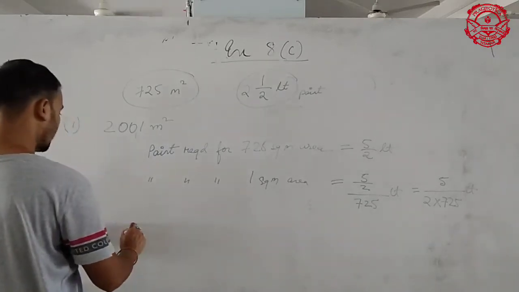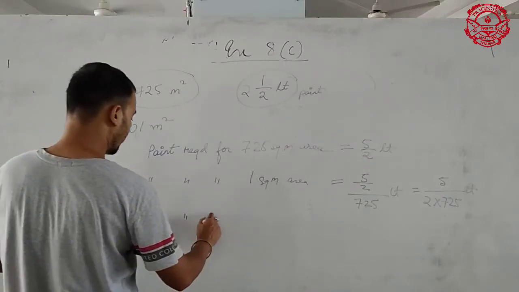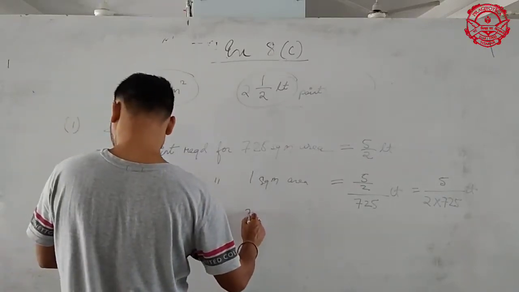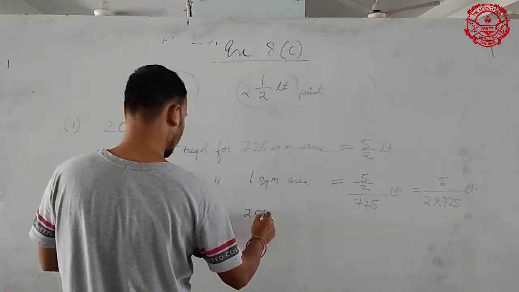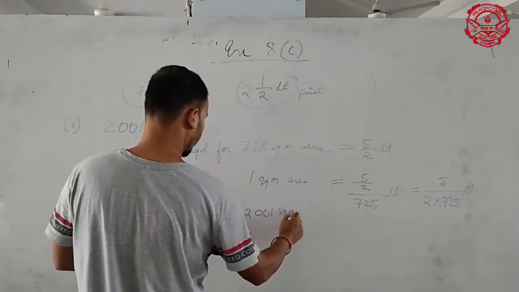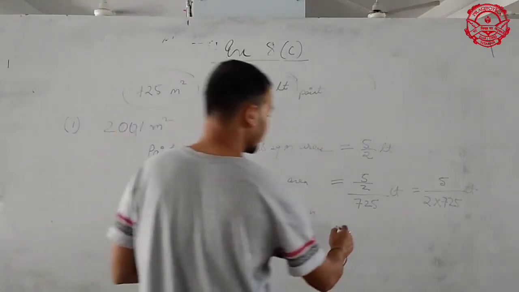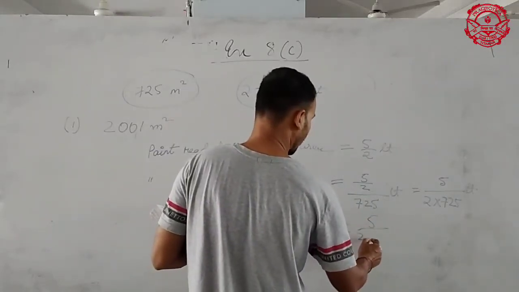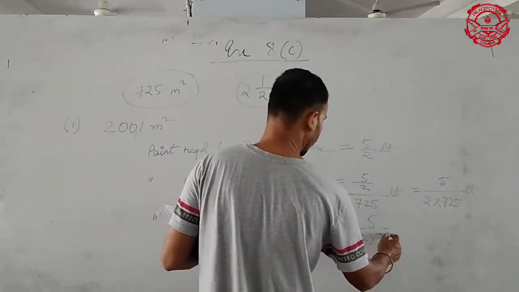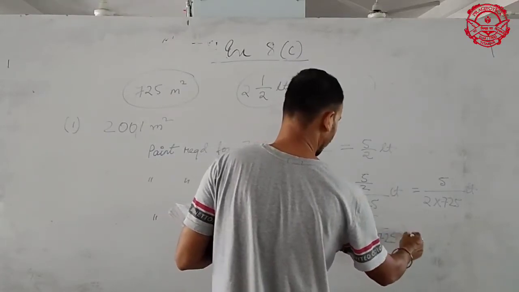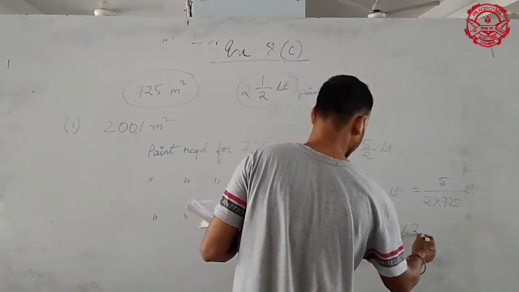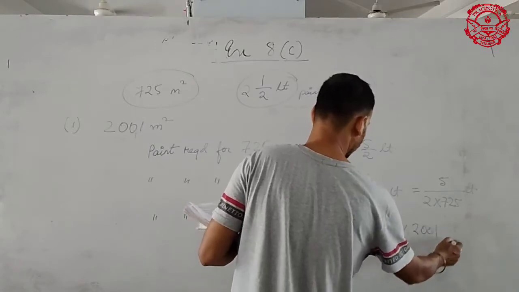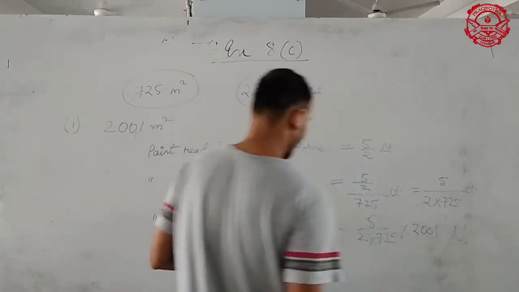Therefore, paint required for 2001 square meter area is equal to, simple, multiply that, 5 by 2 into 725 into 2001 liter. Okay.